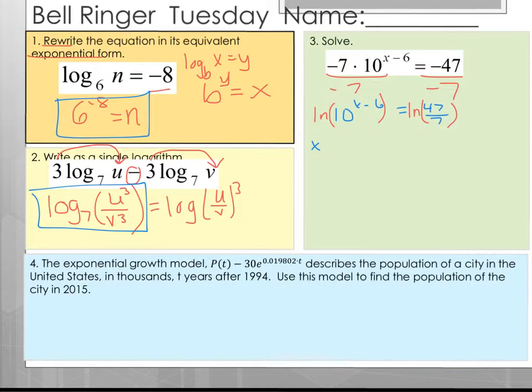So I could move that entire exponent down. I'm going to put parentheses around it because that whole thing is multiplying my natural log of 10, and that's equal to the natural log of 47 over 7, which we can put in the calculator here in a minute.